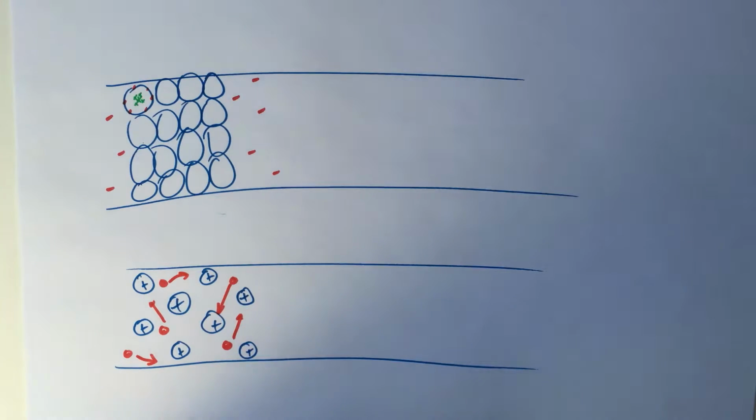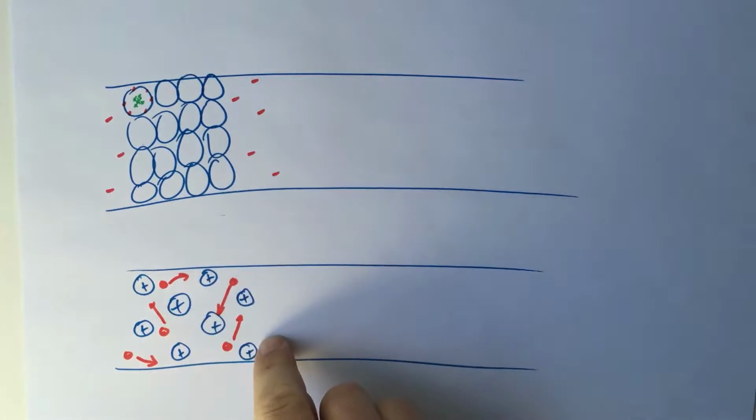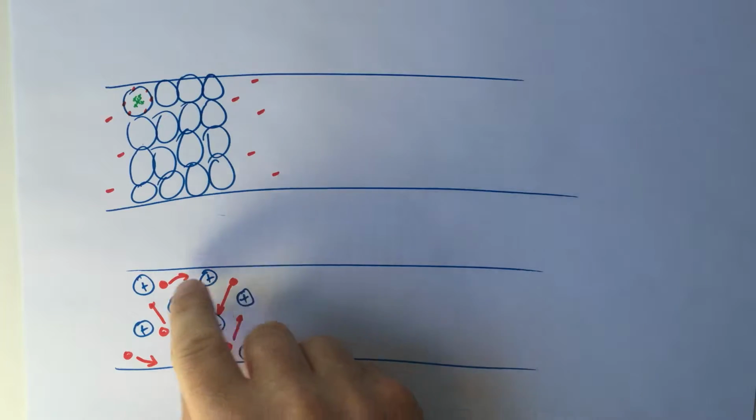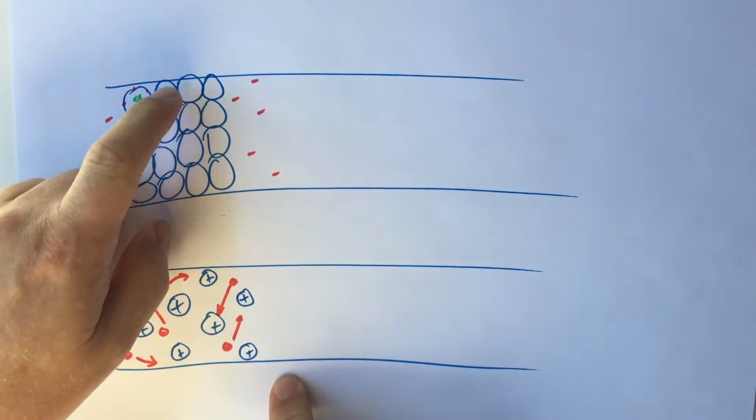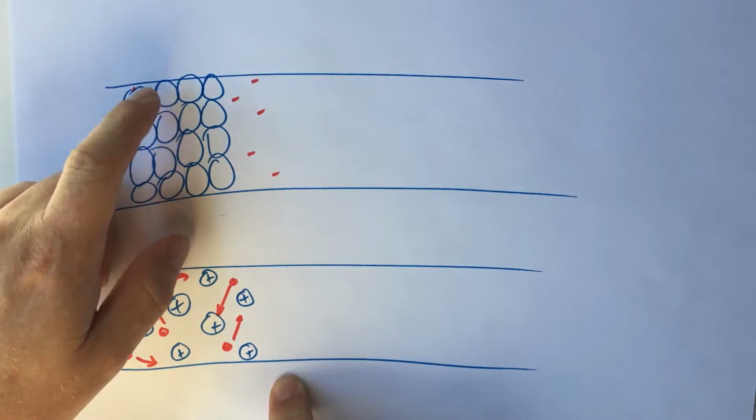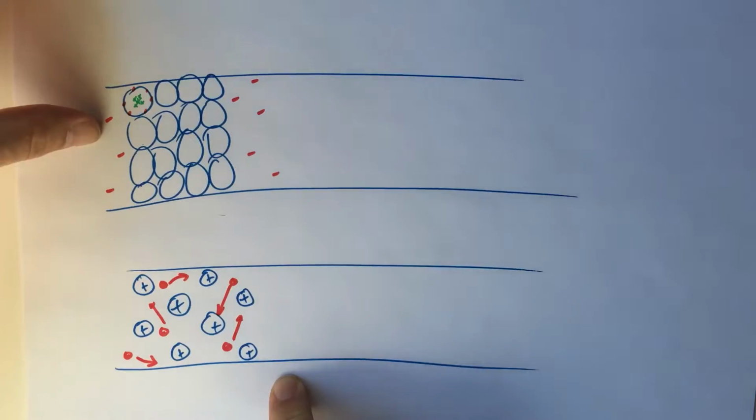Right, so a metal conductor has positive charges that are fixed, and some of the electrons are mobile, and those are called free electrons. Whereas a plastic insulator has positive charges and electrons that are all fixed.